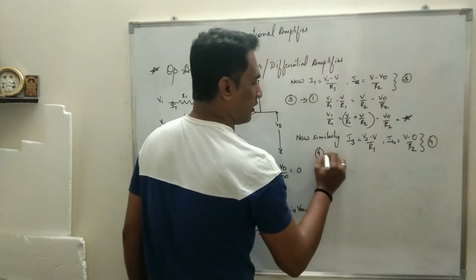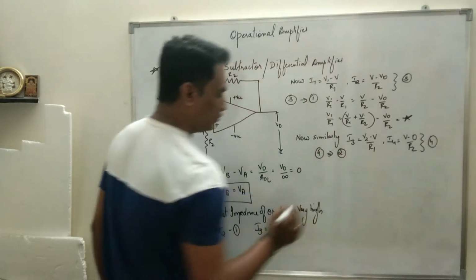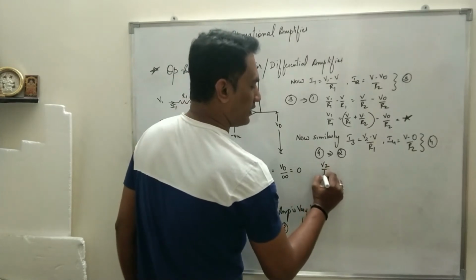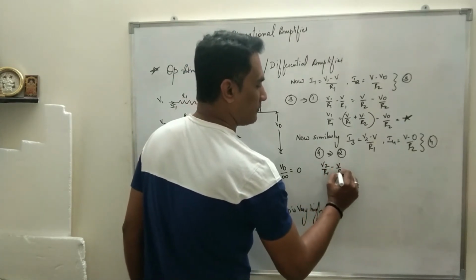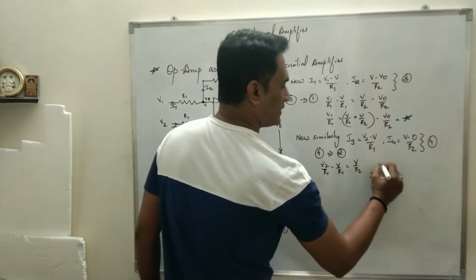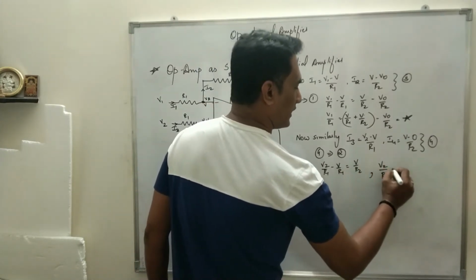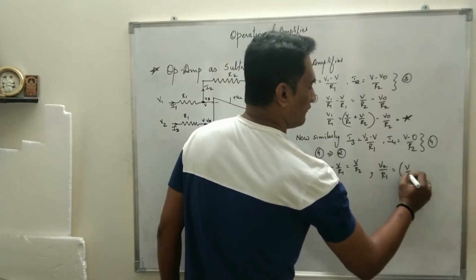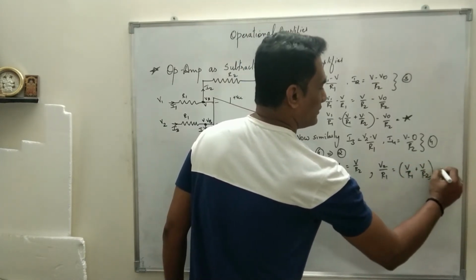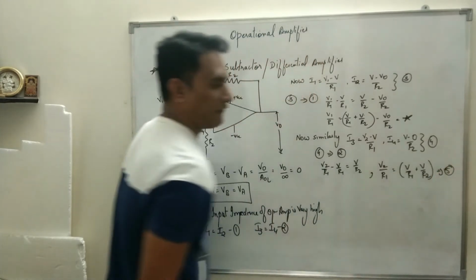Substituting the value of 4 in 2, what you get? V2 upon R1 minus V upon R1 equals V upon R2, or the same thing can be written as V2 upon R1 equals V upon R1 plus V upon R2. Let this be equation number 5.